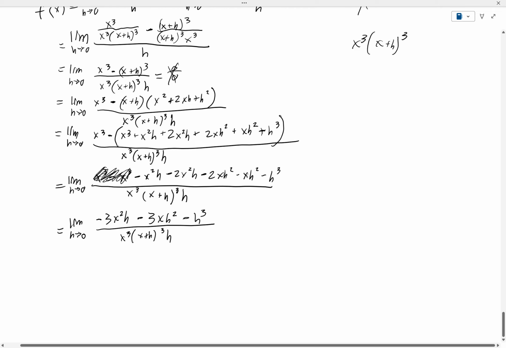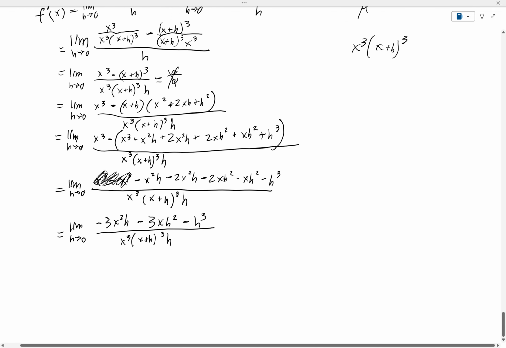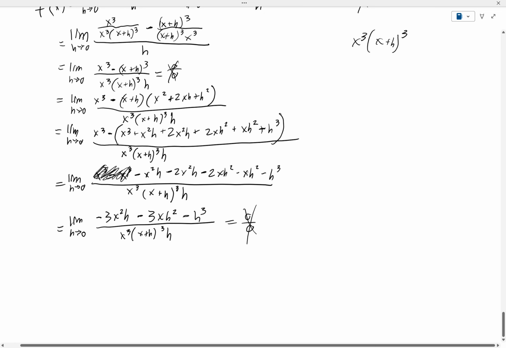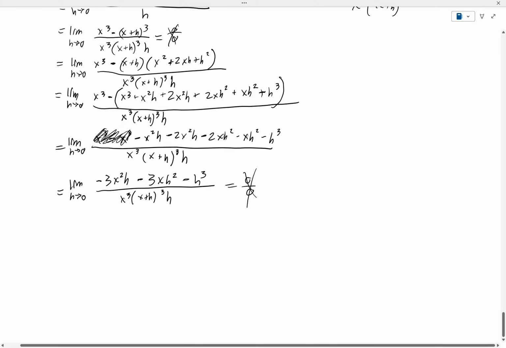If I were to plug in 0 for h here, I'm still going to get 0 over 0, which is wrong because it's an indeterminate form. So how do I get out of that? This is the step that actually lets you get out of that pickle. You can see that there's an h in the denominator and an h in each term in the numerator.